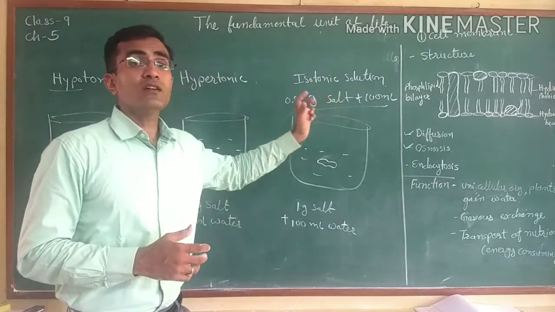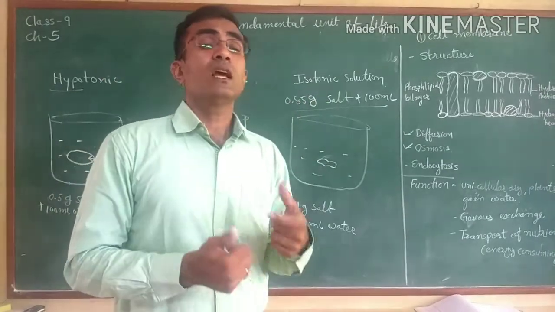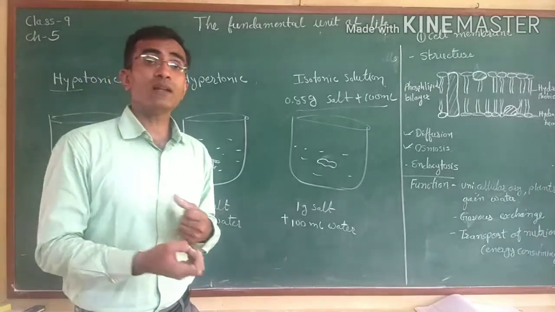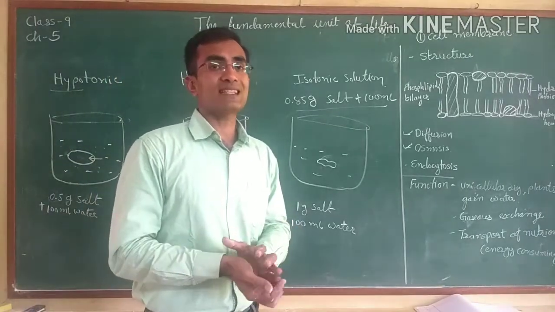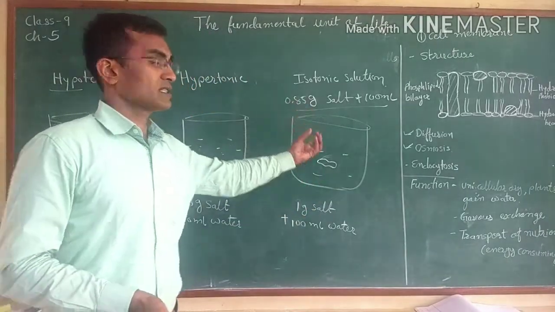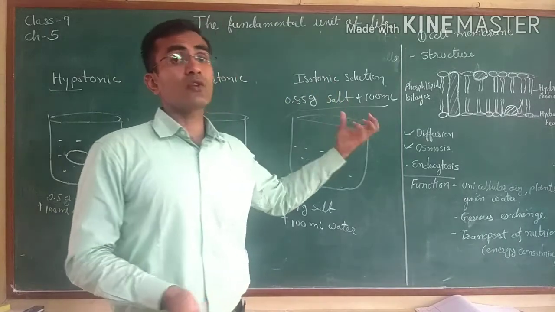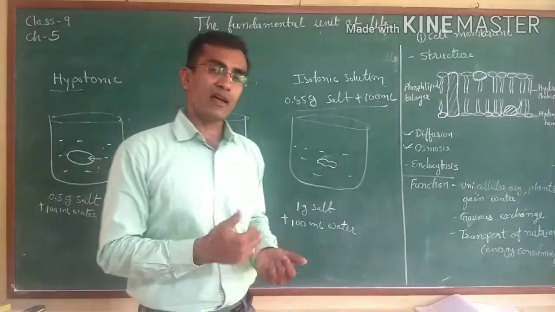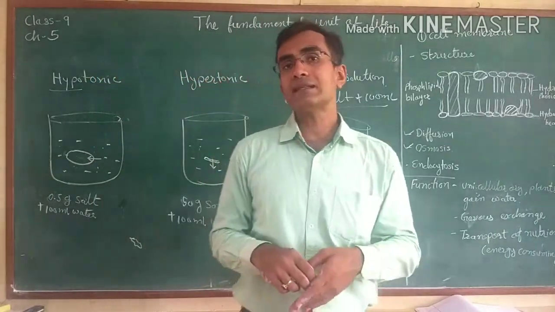to observe the phenomenon which takes place in the human, or we can say the animal or plant cells. We can use some resins, or we can use de-shelled eggs. How can we make de-shelled eggs?